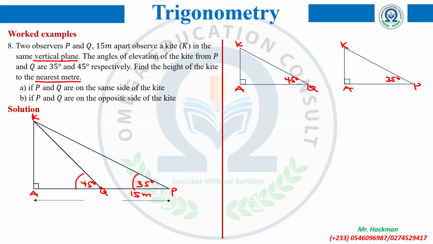So let's see how best we can introduce some side length. If I take this particular side of my right angle triangle, I can represent this by X. So if this is X, then it means indirectly what I have here is also X. Is that clear?